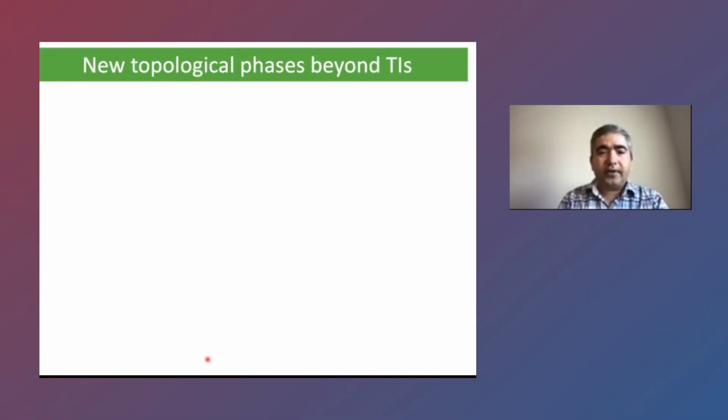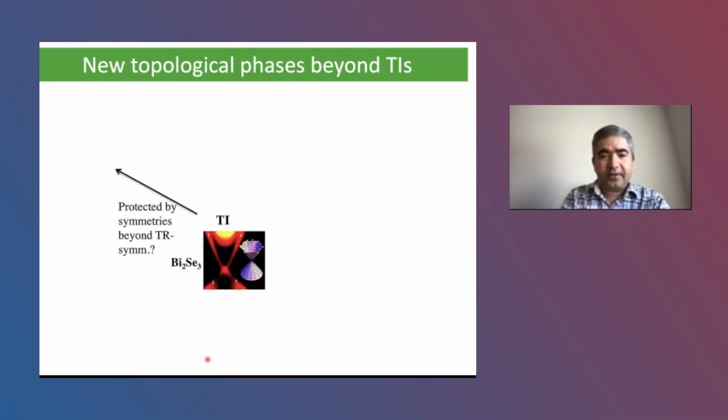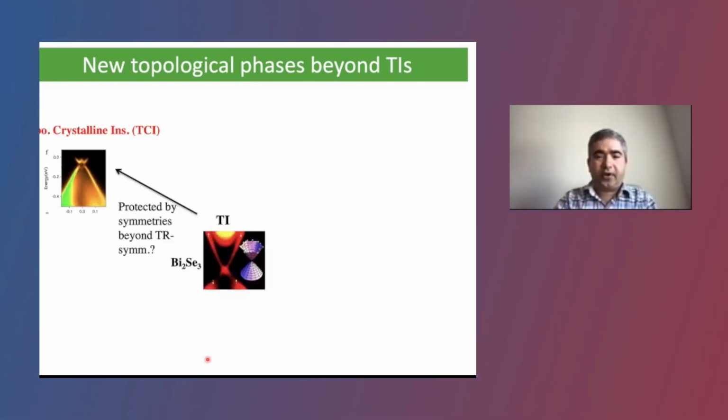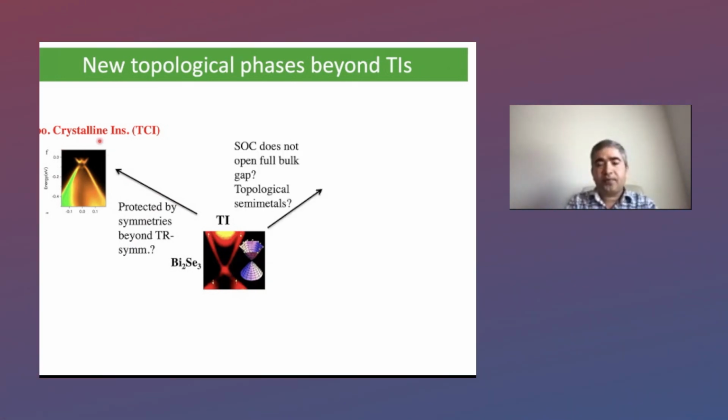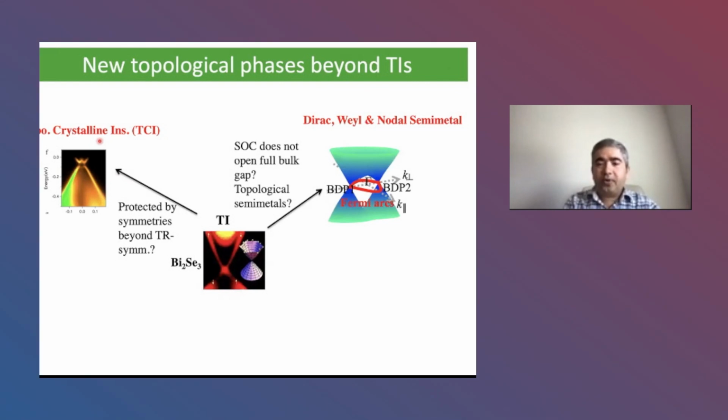So now let me go beyond the topological insulator. After the discovery of topological insulators, people started to look for other phases protected by some other symmetry. For example, mirror symmetry protected states, called topological crystalline insulators. People also started to look for bulk states, like metallic ones such as Dirac, Weyl, and nodal-line semimetals, where the spin-orbit coupling does not open a full band gap.